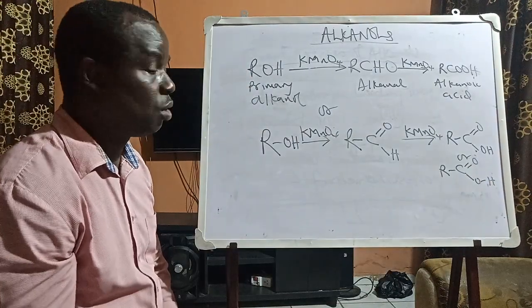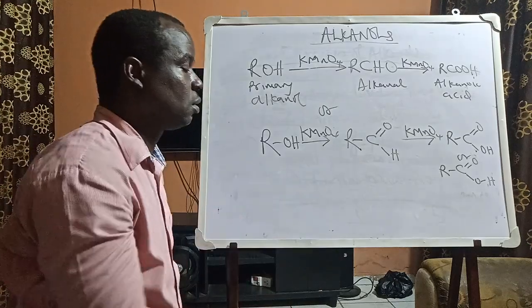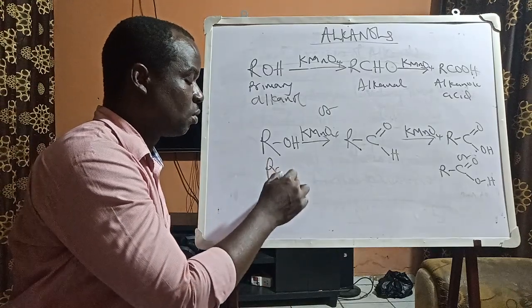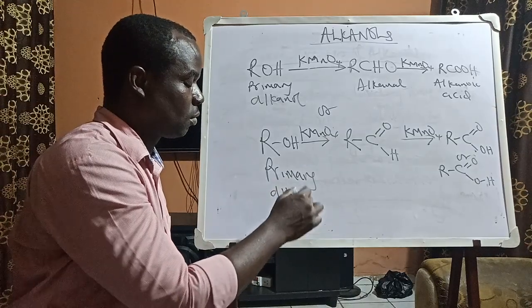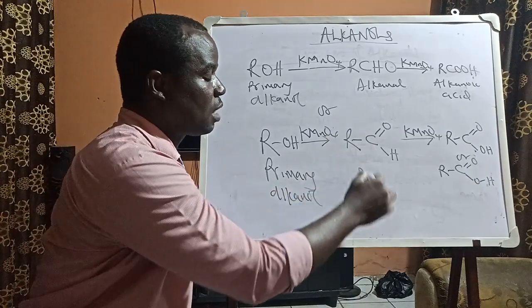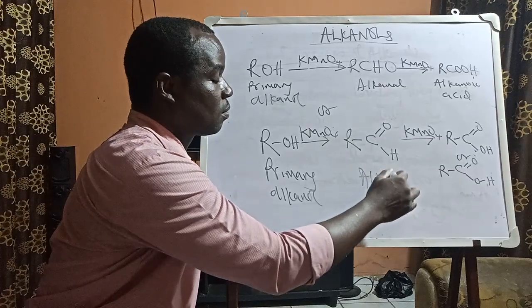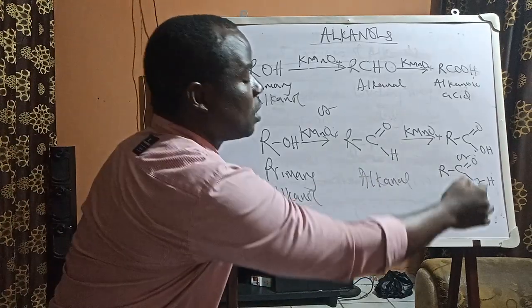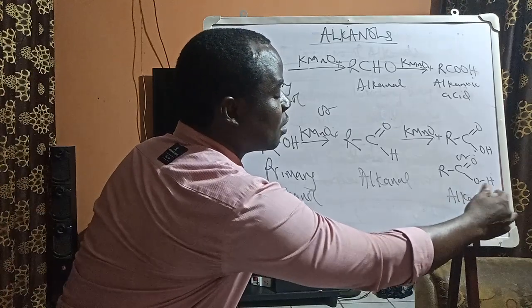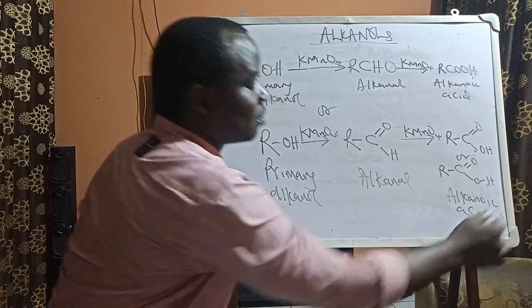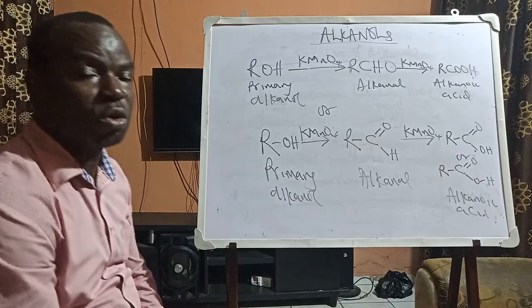Take note. This one is a primary alkanol. This one is an alkanal. That's this one. Then this one is an alkanoic acid. Now let us solve examples.